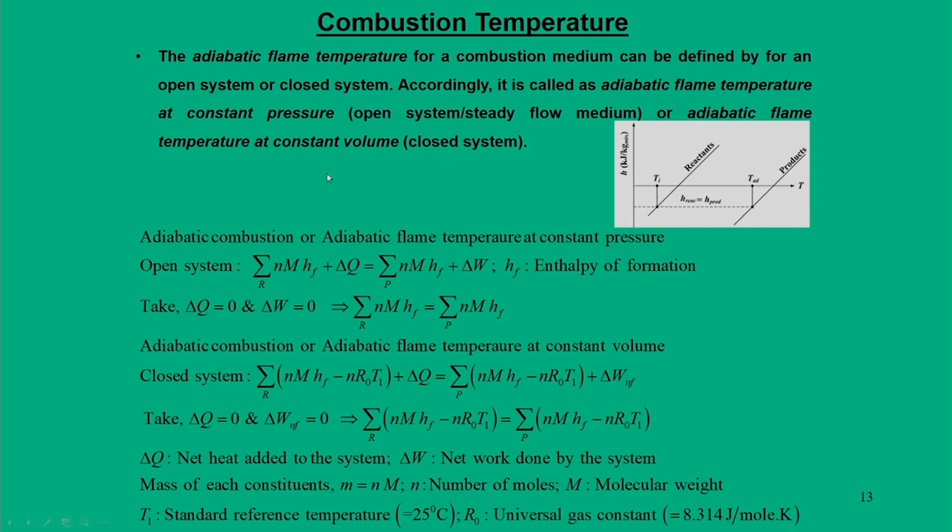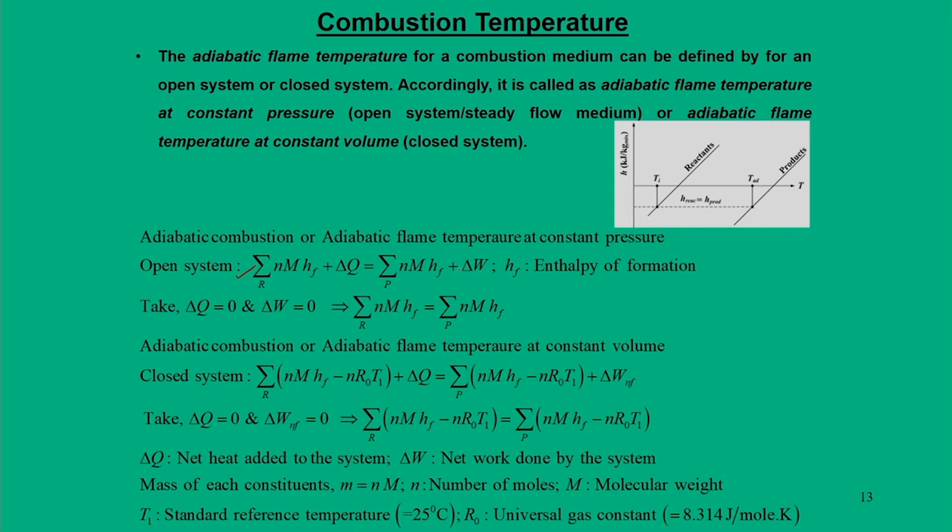So, for an open system, if you say maximum temperature we can arrest, recall the combustion equation for reactants and products involving heat transfer and work transfer. This is the general equation: total enthalpy of reactants, delta Q, total enthalpy of products, delta W, the work transfer.